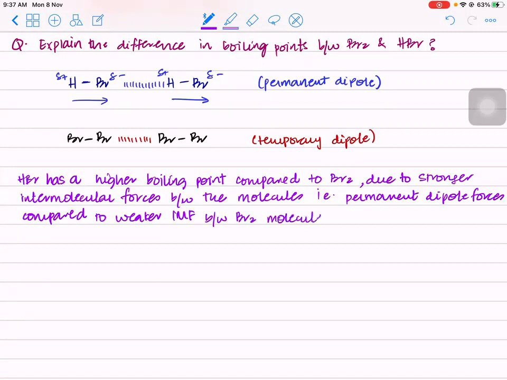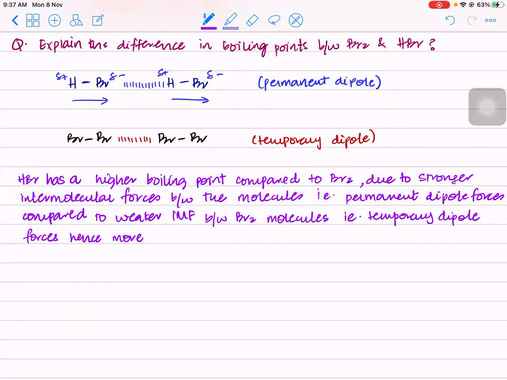That is, which forces do we have? Temporary dipole forces. Yes? So you say this has temporary dipole forces which are weaker, and HBr has stronger intermolecular force, that is permanent dipole force. Hence, more energy is required to overcome the stronger forces.